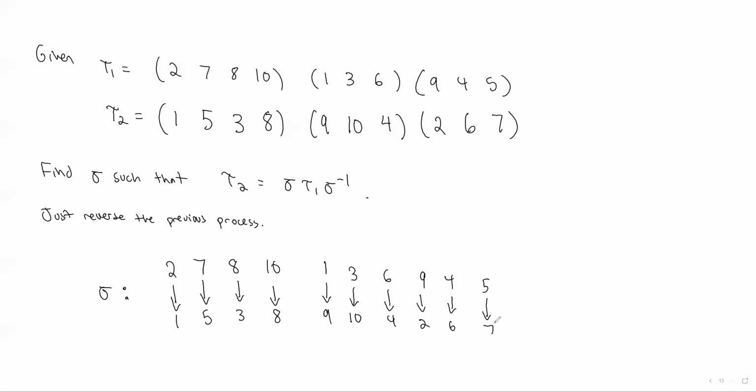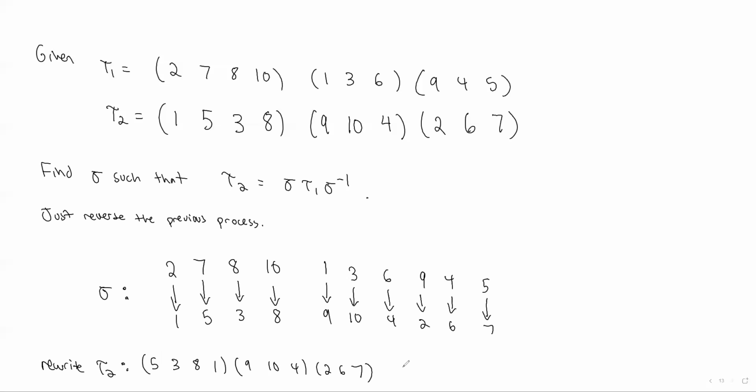I know this choice is not unique. There's multiple sigmas that work, because there's multiple ways to write each cycle. For example, you could rewrite tau 2 as (5 3 8 1 9 10 4 2 6 7). Now that gives you a new choice of sigma.